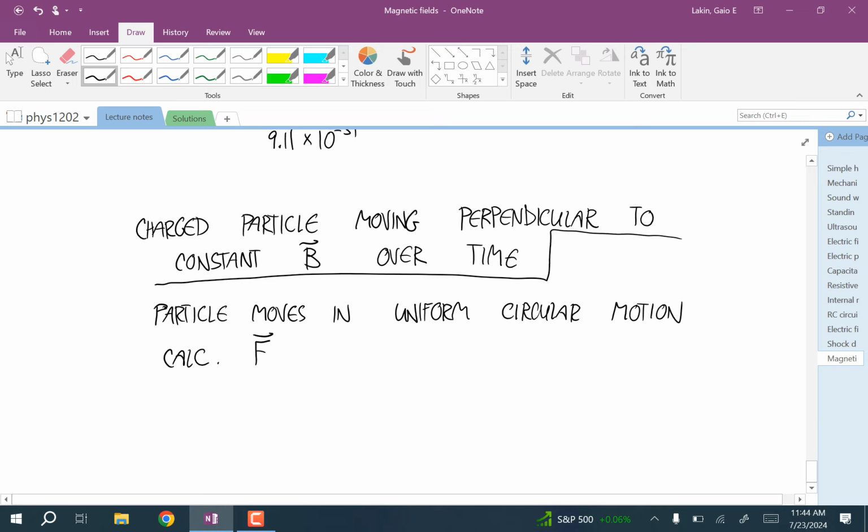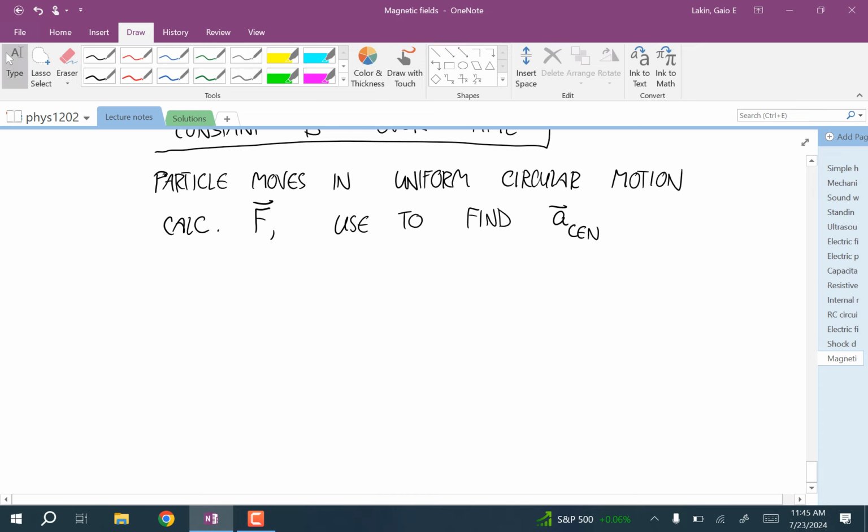So we're going to calculate that force vector, and we're going to use that to find the centripetal acceleration. We're going to assume that that force is the only force acting on the particle, and so that force is going to be the only thing that provides centripetal acceleration.